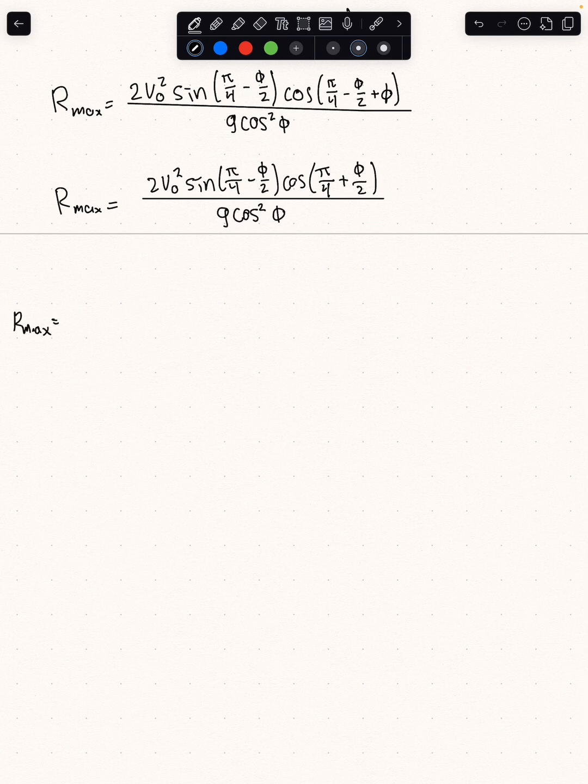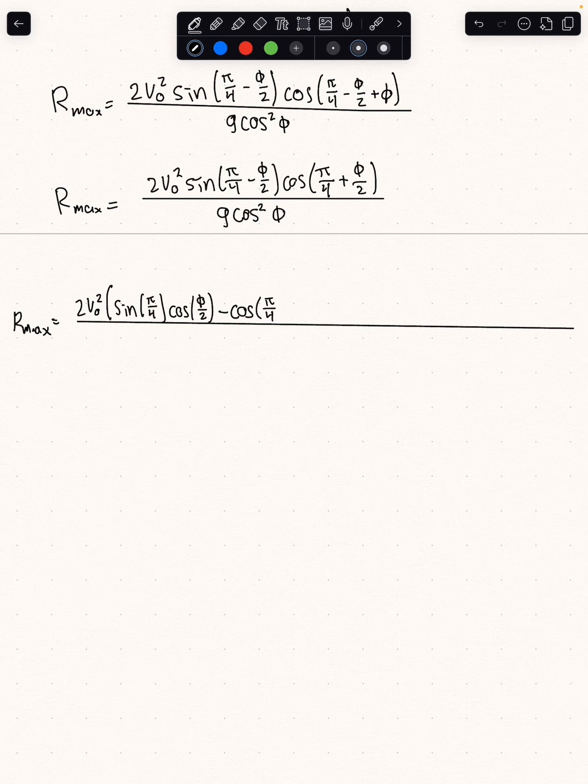R max is equal to 2 V naught squared times, multiplying everything out, sine pi over 4 cosine phi over 2 minus cosine pi over 4 sine phi over 2, times cosine pi over 4 cosine phi over 2 minus sine pi over 4 sine phi over 2.